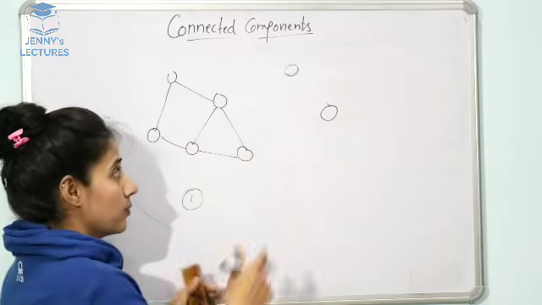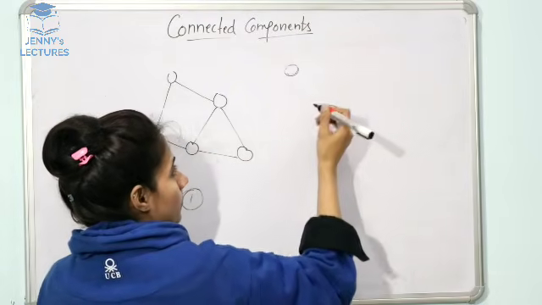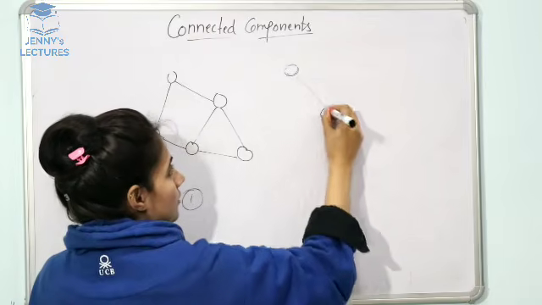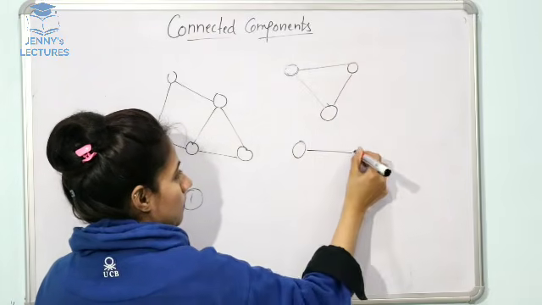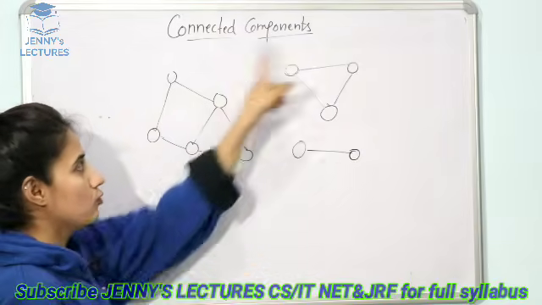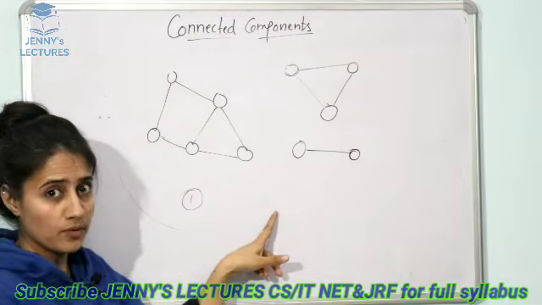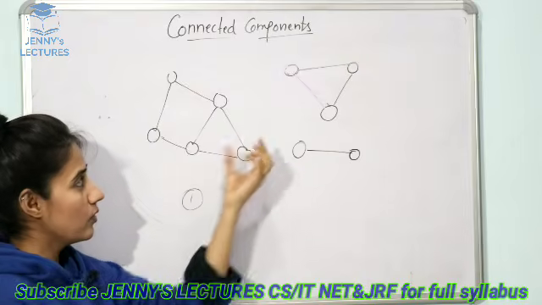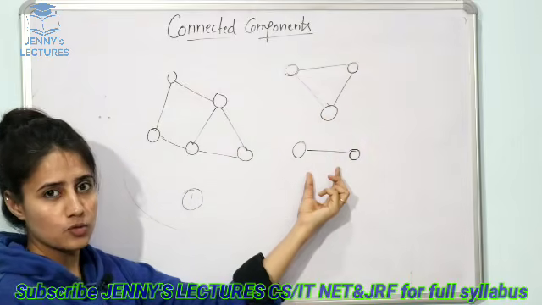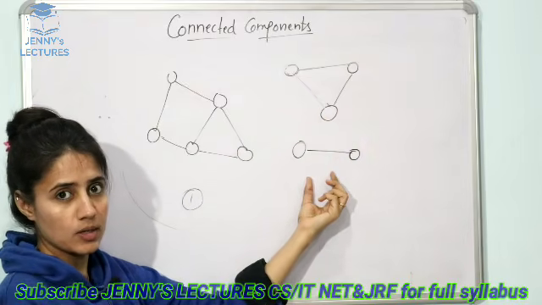If our graph is like this, this one was our supergraph. How many connected components are there? One is this one, one is this one, and one is this one. 3 connected components are there.